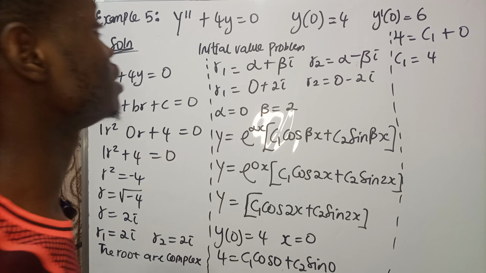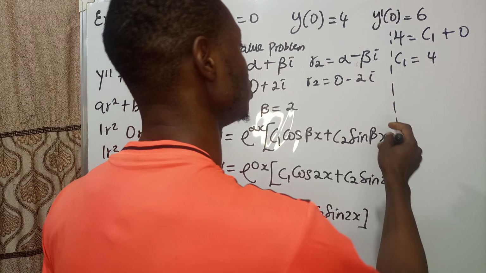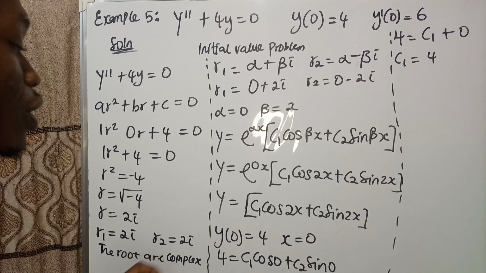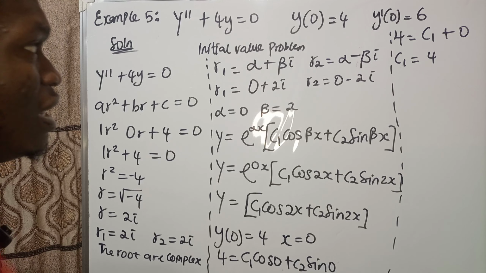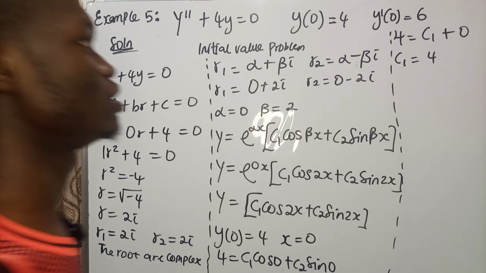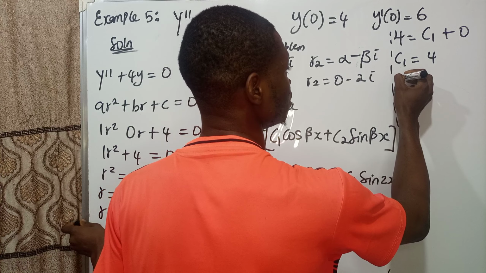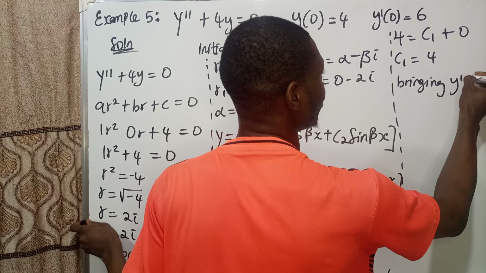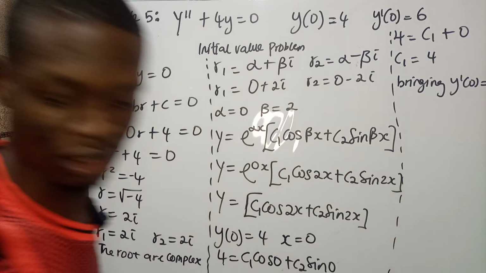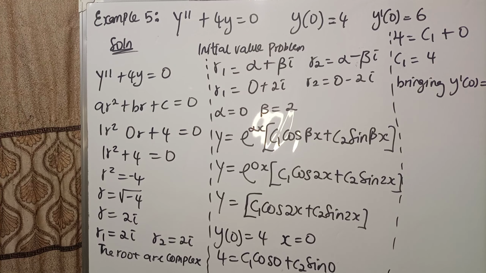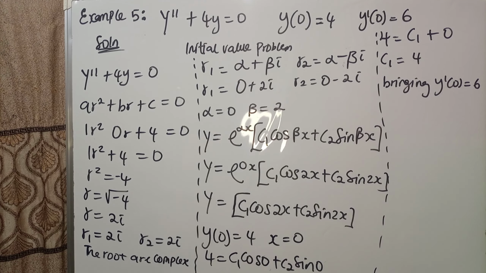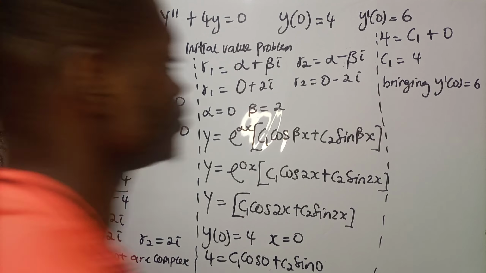Now, since c1 is equal to 4, let's first of all find our y prime of 0, which is equal to 6.